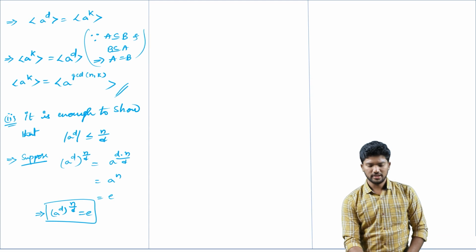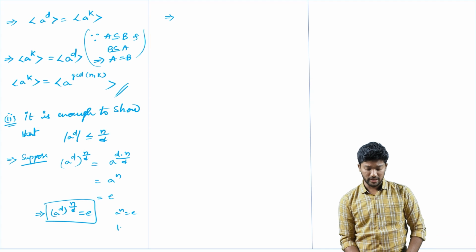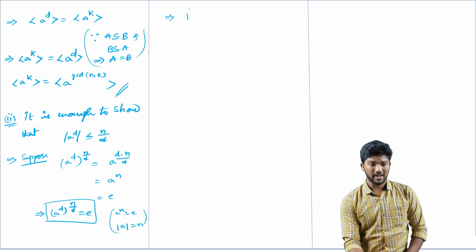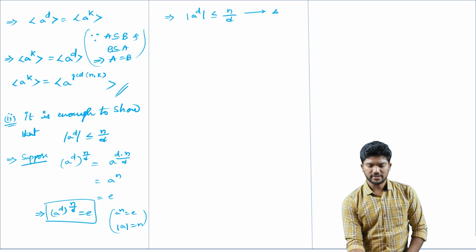From this condition, clearly it is in the format of the order of an element: a power n is equal to e, then you can write order of a is equal to n. Here, in place of a, we have a power d. So the order of a power d is less than or equal to n by d. This is taken as equation number 4.